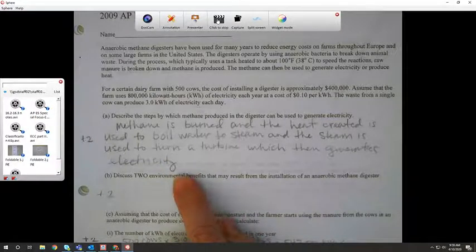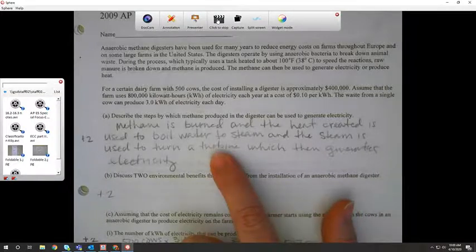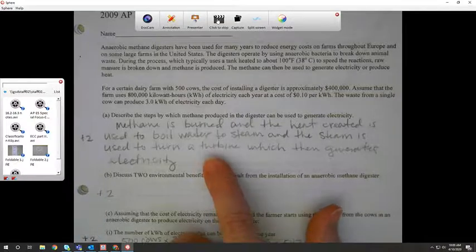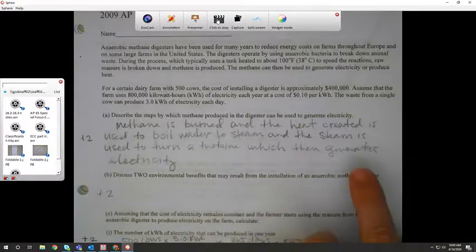That's how all electric power plants work. So you've got to have some type of a generator that turns a turbine, and it's usually heat, some kind of movement. So steam has a lot of energy, so it can turn the turbine. Hydropower, like a dam, the water turns the turbine. But turning the turbine generates electricity.